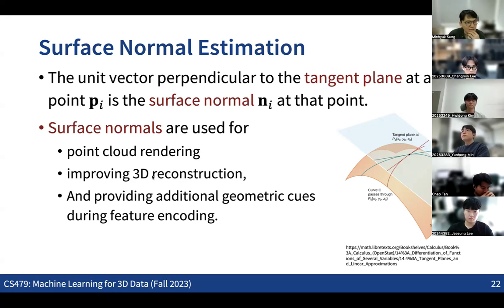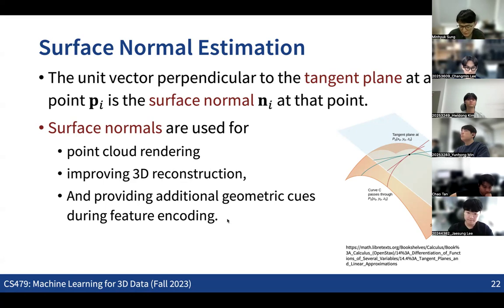And what you can say is that if we do this kind of least squares fitting, fitting the plane over the surface, that gives us the surface normal information. What we saw in the previous slide was that we were doing fitting for any arbitrary query point.